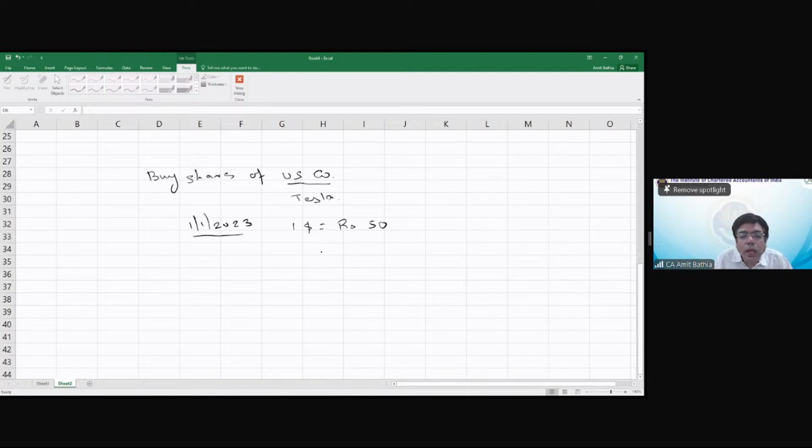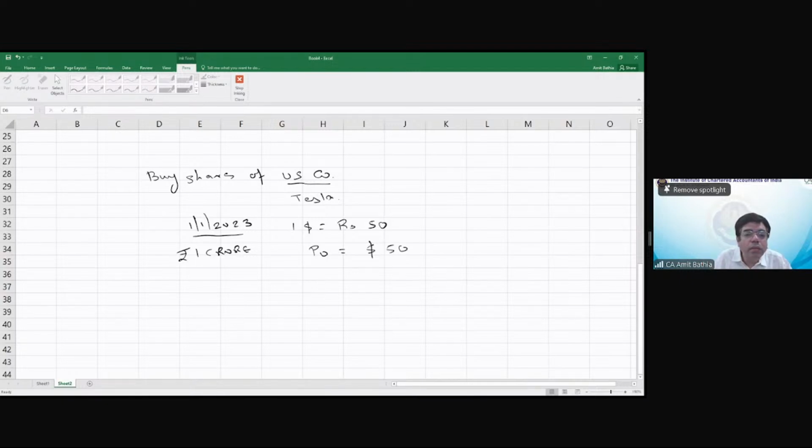And on this particular day, you are investing 1 crore rupees on 1/1/2023, when the exchange rate is $1 equal to rupees 50, and the price of the Tesla shares, P0, is, let's say, $50.